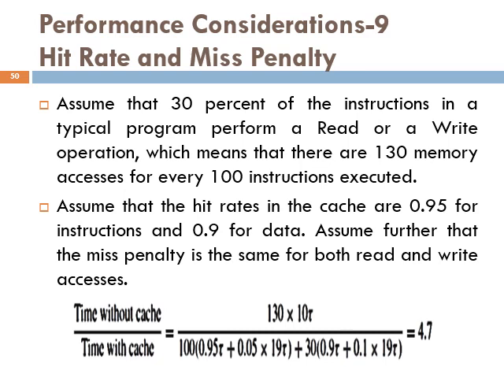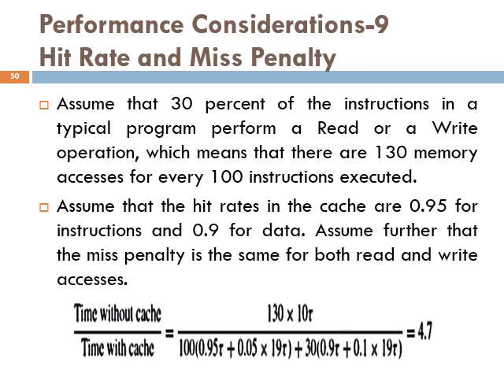Assume that 30% of the instructions in a typical program perform a read or write operation, which means that there are 130 memory accesses for every 100 instructions executed. Assume that the hit rates in the cache are 0.95 for instructions and 0.9 for data. Assume further that the miss penalty is the same for both read and write accesses.